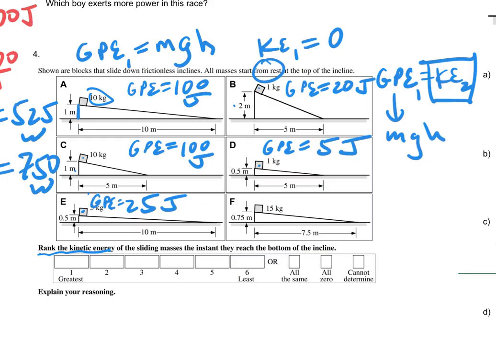And then finally, letter F, 15 times 0.75 times 10, I get 112.5.